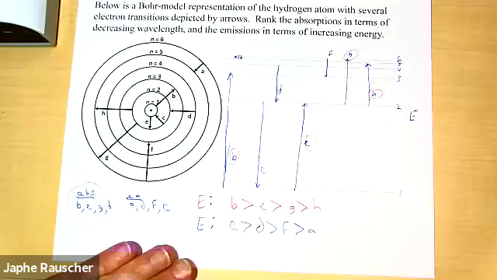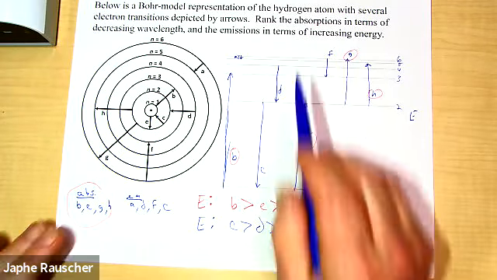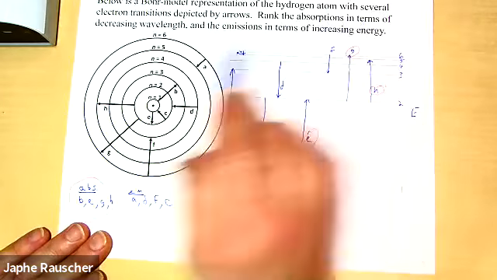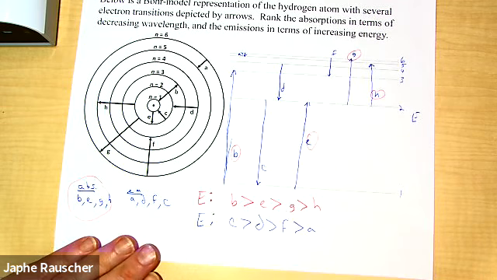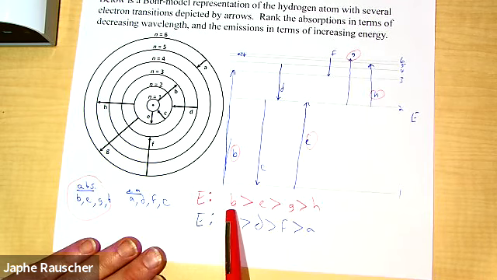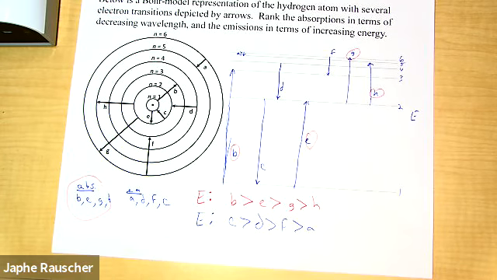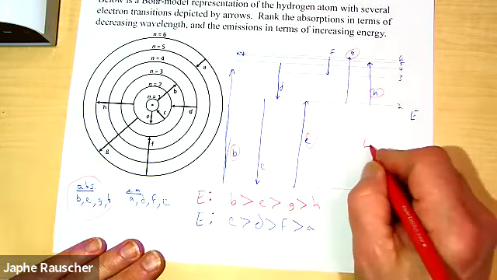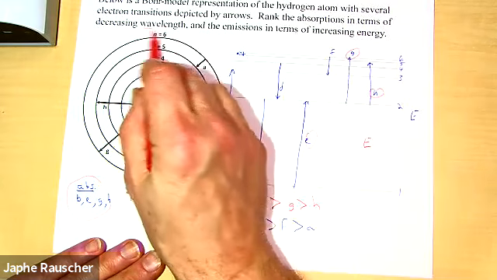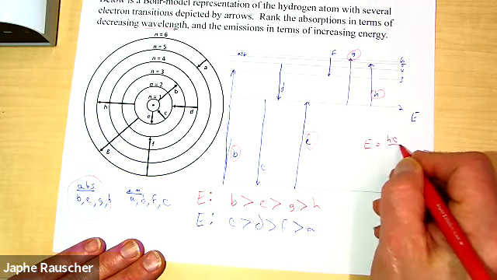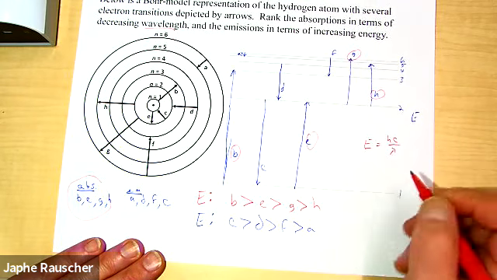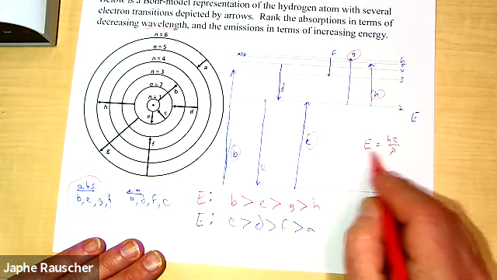It says to rank the absorptions in terms of decreasing wavelength. We have them in order of decreasing energy, but E equals hc over lambda, so energy and wavelength are inversely related.